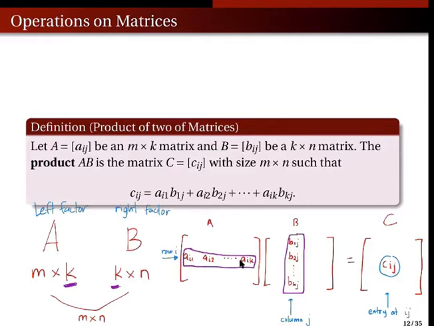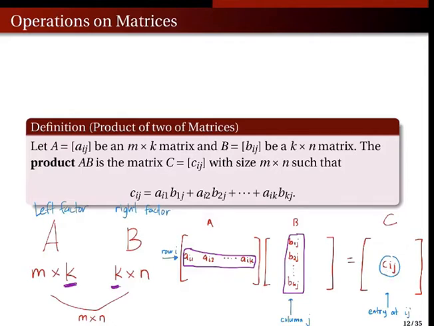You are multiplying a bunch of numbers. Okay? Ai1 times B1j, and then Ai2 B2j, and then you have AiK BKj. You are going to multiply those pairs, and then you will add them. It will only give you one entry. Okay?